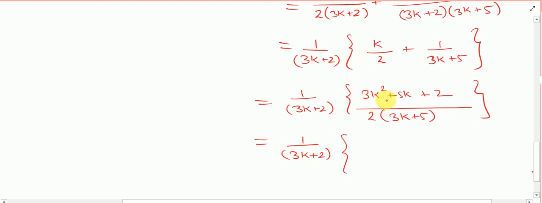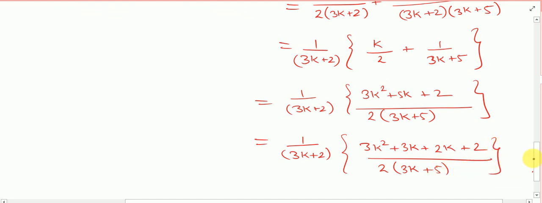Here you can see in the numerator you have got a quadratic expression, so try to factorize it. So you get 3k square plus 3k plus 2k plus 2 upon 2 times 3k plus 5 this.